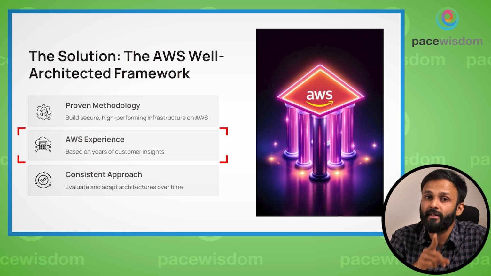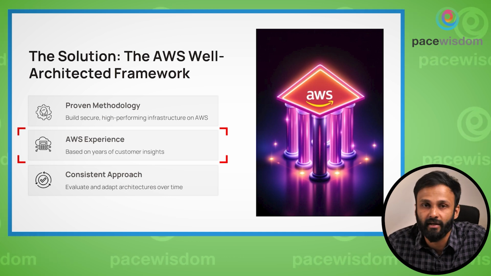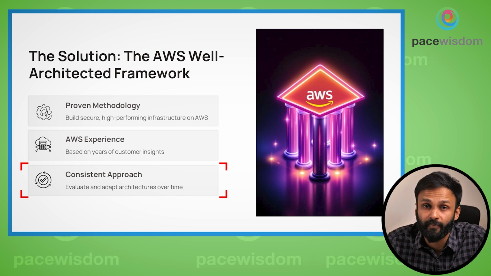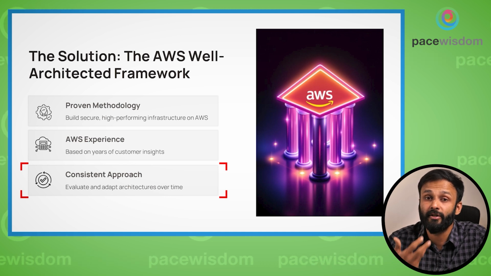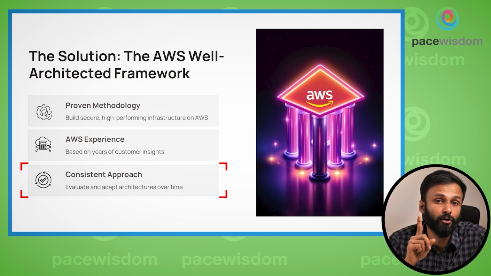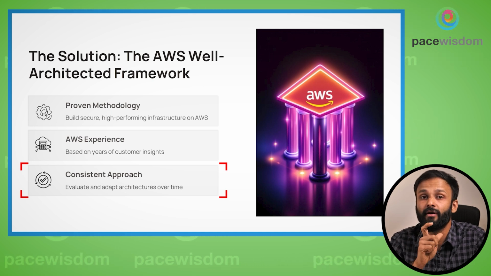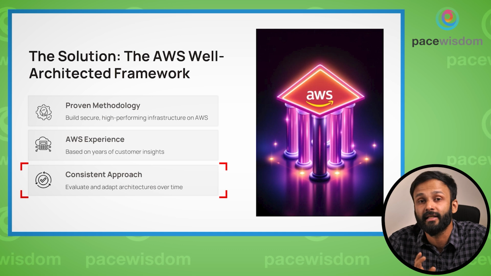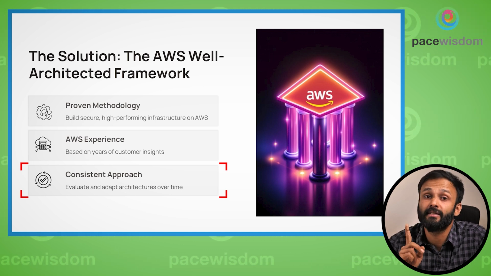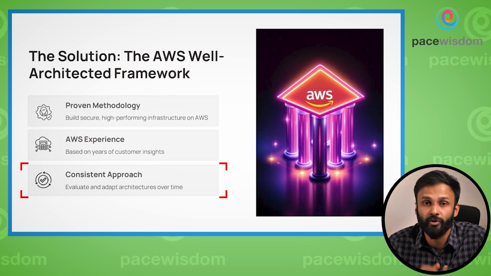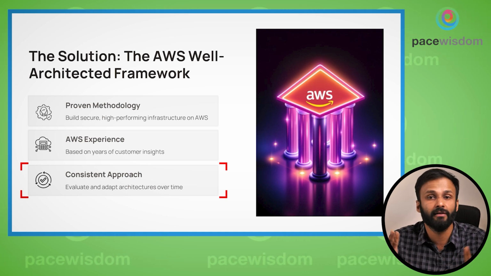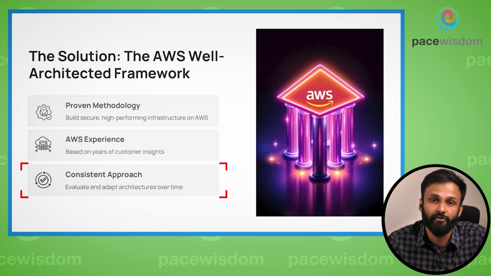It's a living document that stays current with the latest cloud innovations. Next is the consistent approach. This framework provides a common language and set of criteria for evaluating and adapting architectures over time. It is designed to ensure consistency and quality in your AWS deployments. This means less confusion, fewer errors, and better collaboration across your teams.